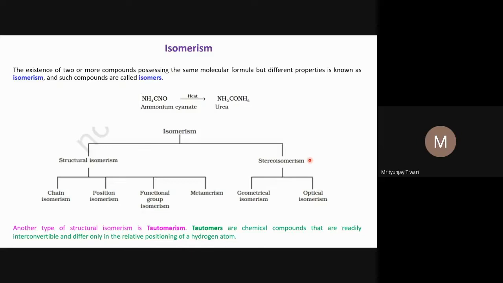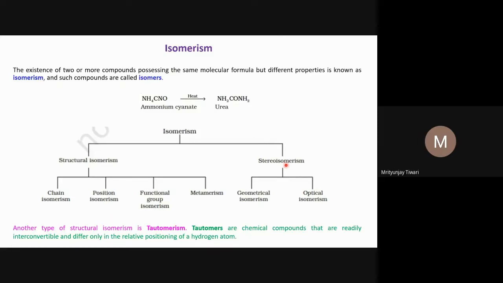Stereoisomerism, to understand the stereoisomerism, we have to go further deeper, and further deeper means just by looking at the structure, you may not understand these compounds are different. But if you look further deeper, you can see that in certain compounds, different groups are attached in different orientations at certain positions, at certain carbon atoms or maybe the nitrogen atom. And such isomerism is called stereoisomerism.